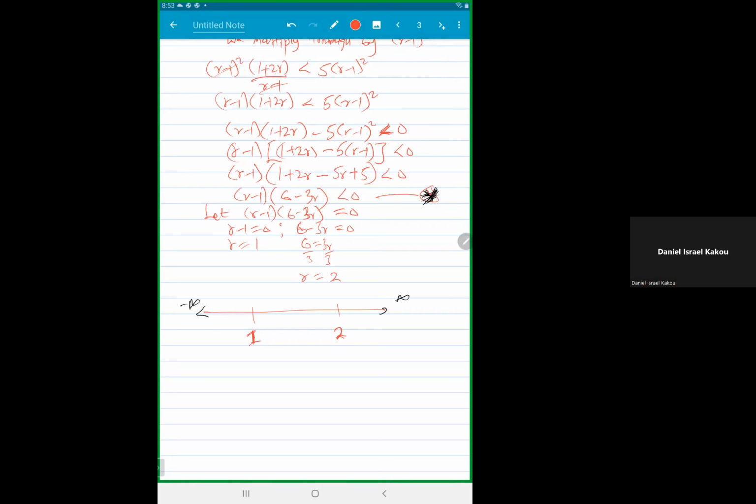So from negative infinity to 1, I can choose a number like, I think 0 is even better, right? So negative infinity to 1, I can choose a number like 0 there. From 1 to 2, which is the middle interval, I can choose maybe 1.5 there. And from 2 to infinity, I can choose 3 there.